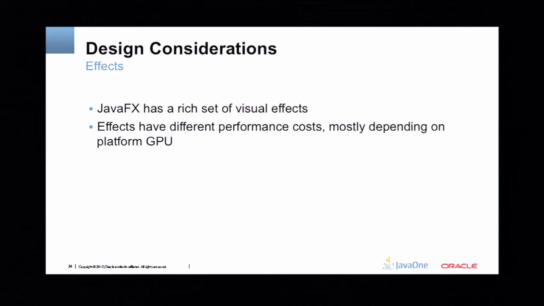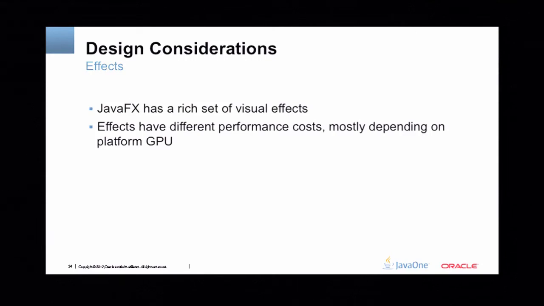The cost of those visual effects will sometimes surprise you. Certain effects appear to be virtually free. Others are really, really expensive. And our team is still working on seeing if there's better ways we can do some of these effects. But in some of the cases, I don't think we will be able to.